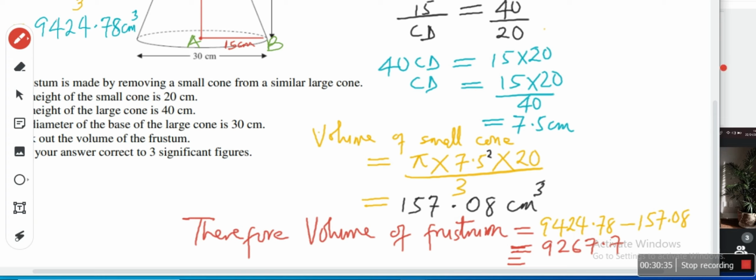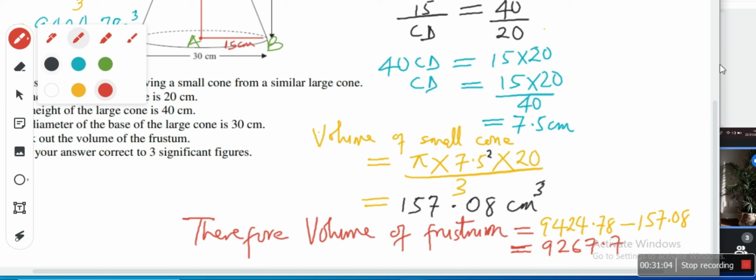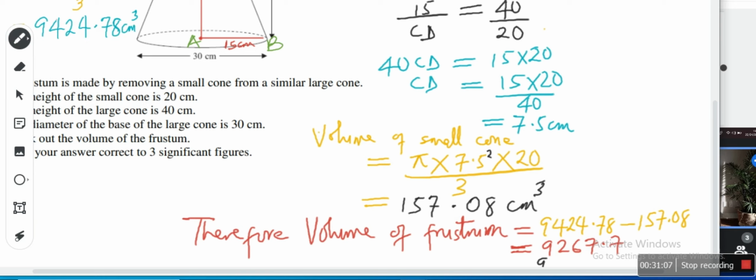Okay, since we are interested in 3 significant figures, what will it be? 927. No, it was 9,267, so you can't just turn it to 900. Three significant figures means you are stopping where? First, second, third. For three significant figures, you are stopping at 6. The next one is already more than 5, so you add 1 to this, so 9, 2, 6 will now become 7.